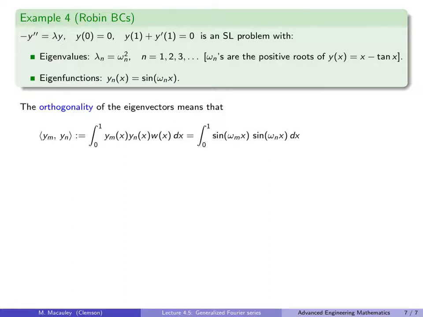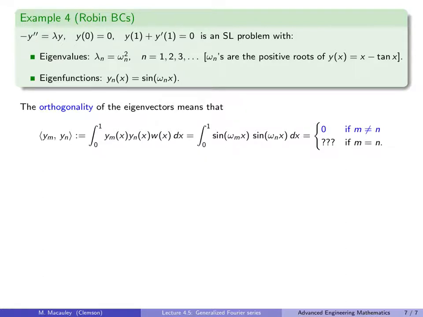Now that's not something that we can really solve generally, except we are guaranteed by Sturm-Liouville theory, by that main theorem, because the linear operator is self-adjoint, that this integral, this inner product, will be 0 if m and n are different. That's an amazing result.